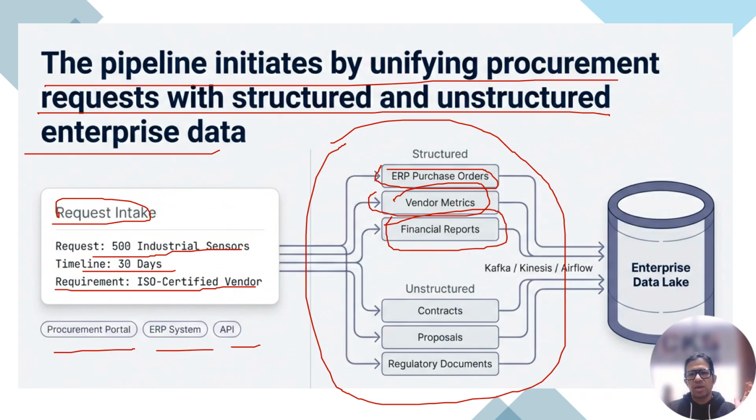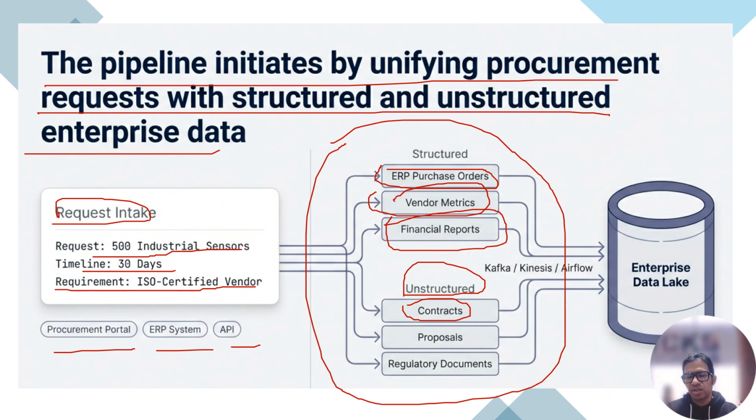Now here comes the part that most procurement systems struggle with: unstructured data. Now comes contracts, where the real risk is hiding.